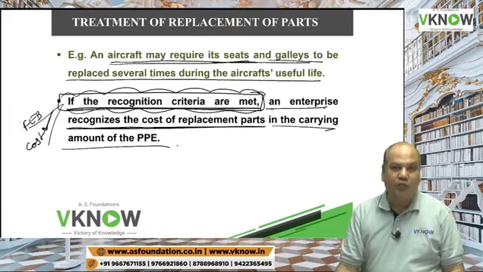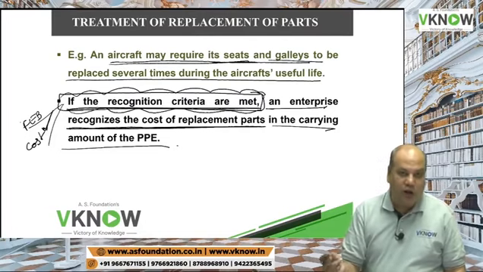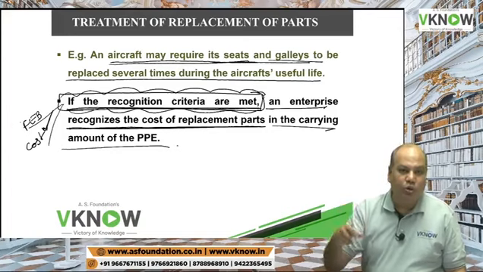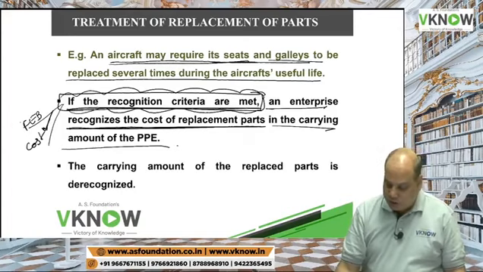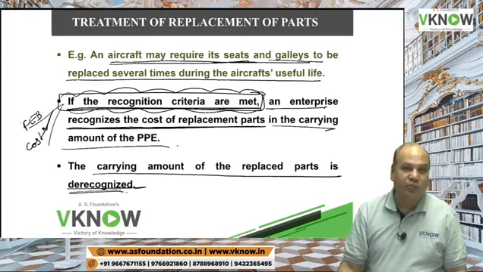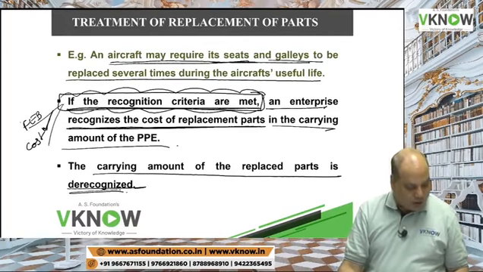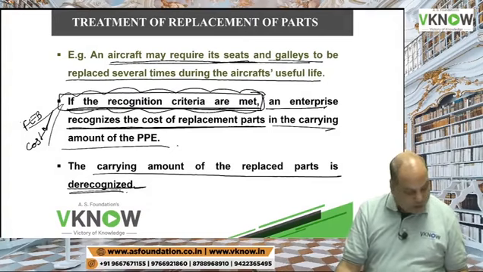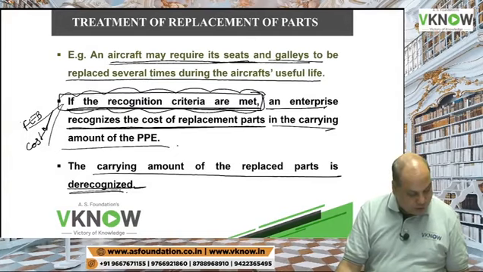So the new part will be capitalized and the carrying amount of the old part is derecognized. The carrying amount of the replaced part is derecognized, underline. Wherever it is written, carrying amount of replaced part is derecognized.